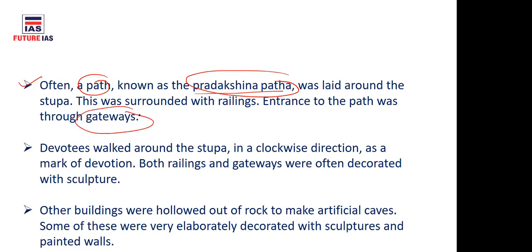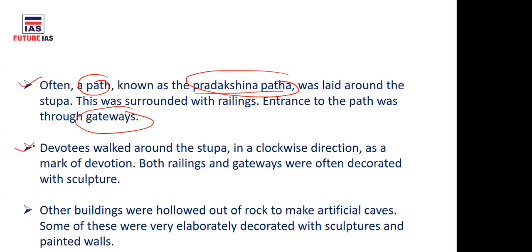Just like you have a staircase where you can enter, here also you have the gateways, through which you can enter the pradakshina path. The pradakshina path surrounds the stupa, and this path is again surrounded by one railing. Okay, that railing consists of stones. All right.